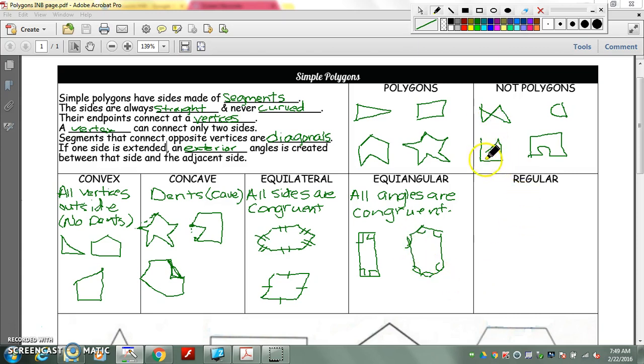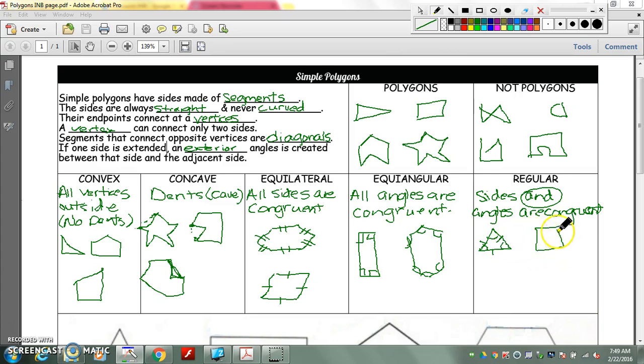Now, regular means that the sides and angles are congruent. So that would be like our equilateral triangle, where all the angles are congruent and all of the sides are congruent.